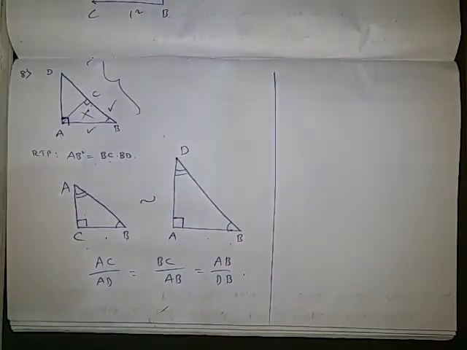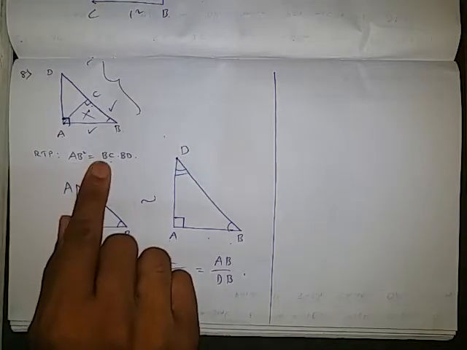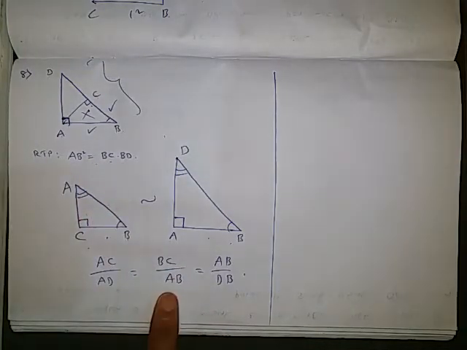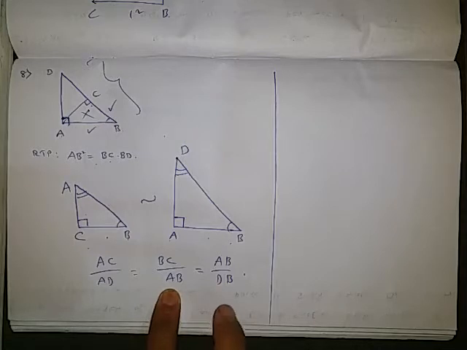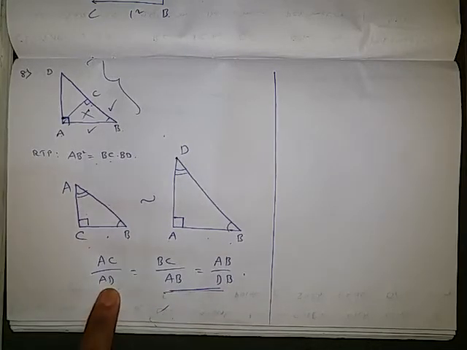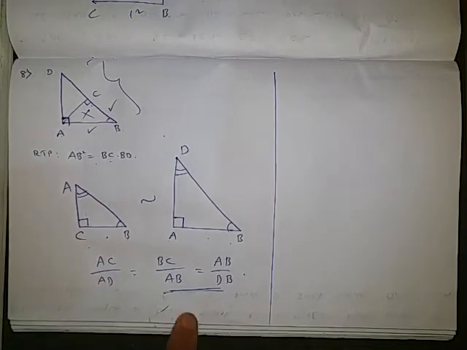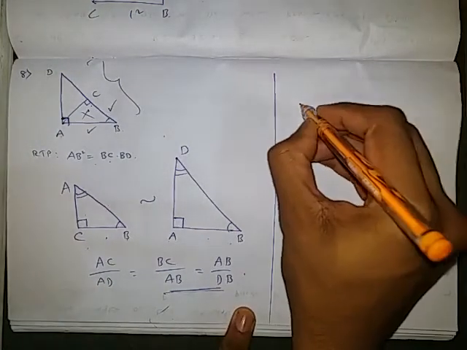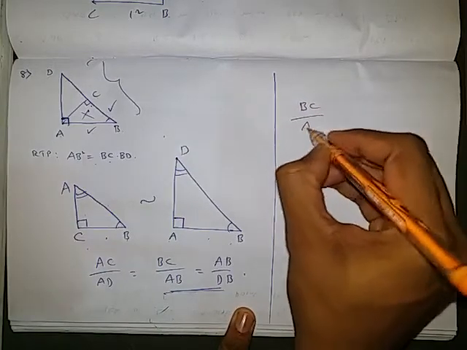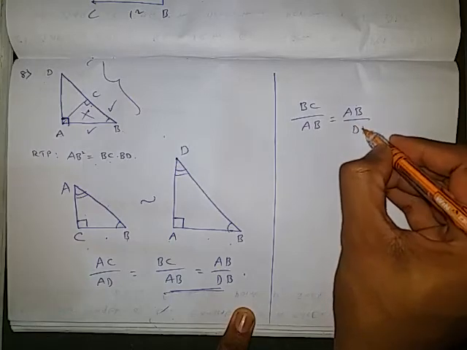Now from these three we need to select only two which are needed for us to prove the answer. That is AB, BC, BD. AB, BC and BD. So these two ratios are enough for us because we don't want any AD term. So that's why I am completely removing this. So now if we take these two, that is BC by AB is equal to AB by DB.